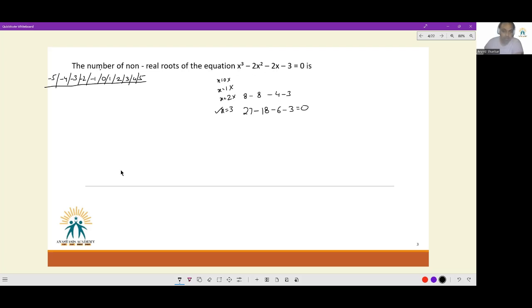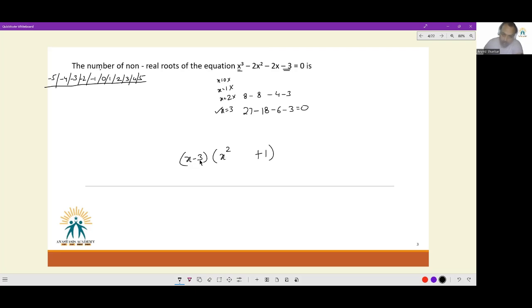If one of the roots has been identified as 3, we can simplify this equation as x minus 3 into x square plus 1. See, x into x square will give me the x cube quotient, and minus 3 into plus 1 will give me the final constant. Now for the middle term, whether it is plus or minus, we will figure it out together.